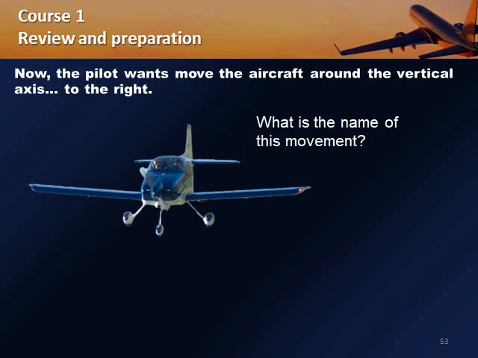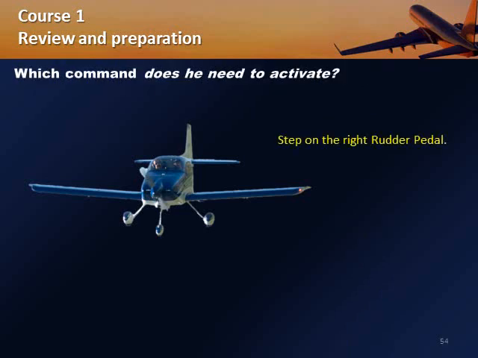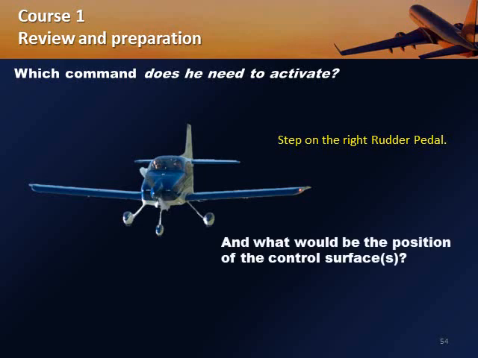The pilot wants to move the aircraft around the vertical axis. What is the name of that movement? We saw that earlier. It's yaw. He's going to step on the right rudder pedal. What happens to the control surface?